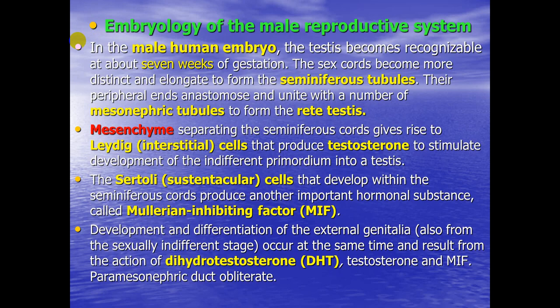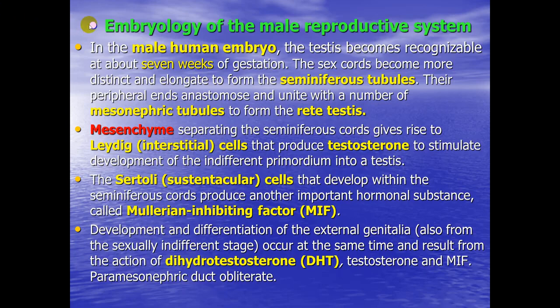Both sexes have an indifferent stage of the development of the reproductive organs. But after 7 weeks of gestation, the sex of the embryo becomes recognizable.